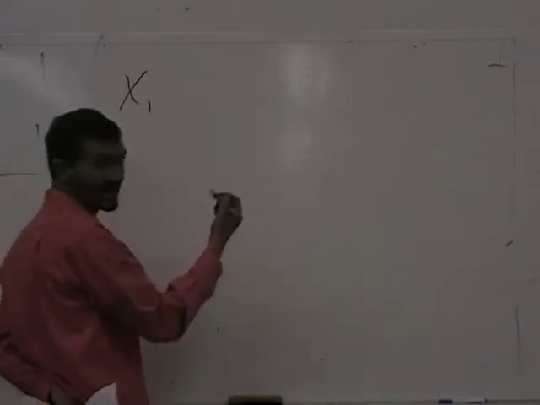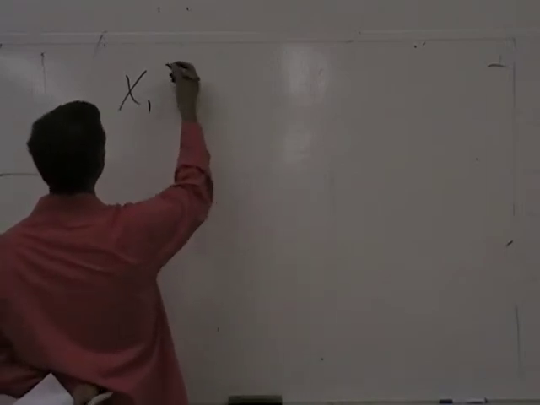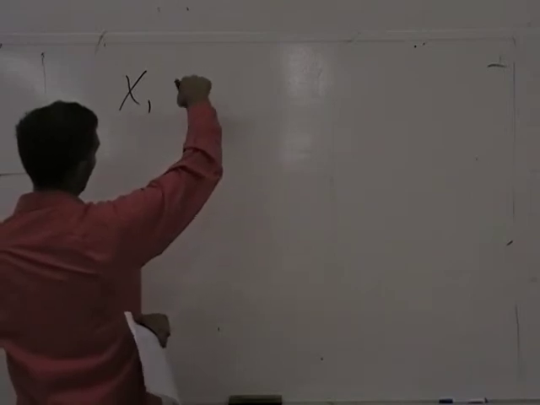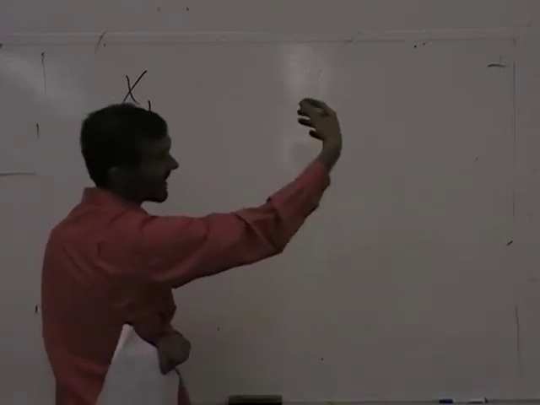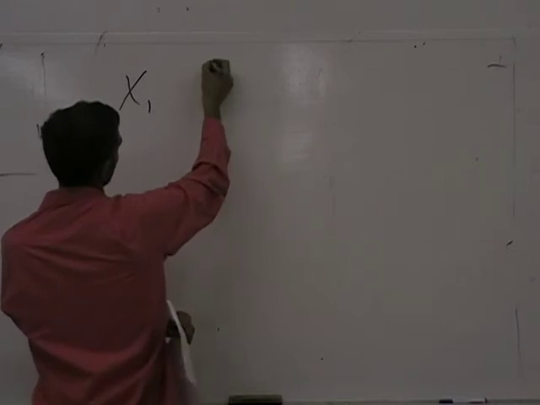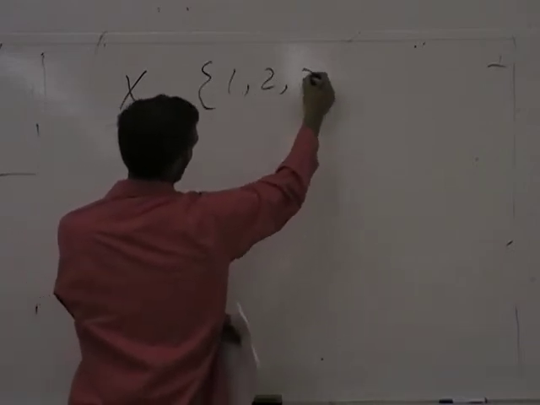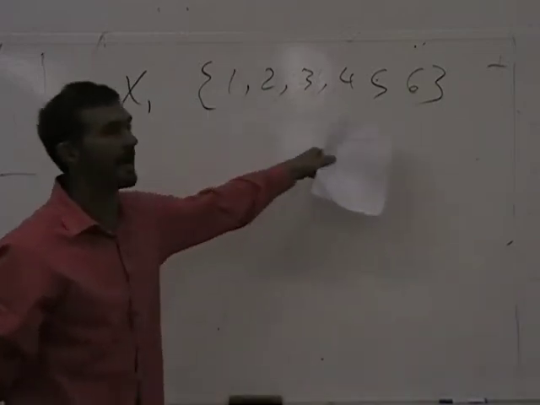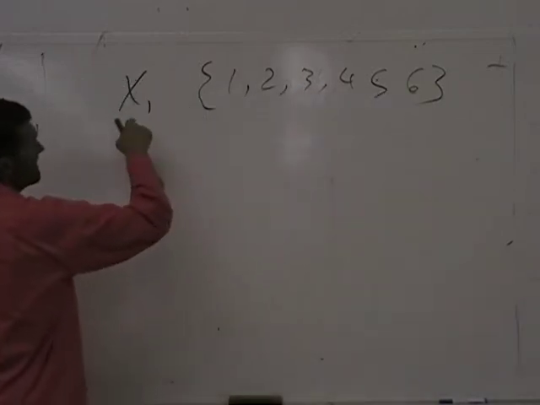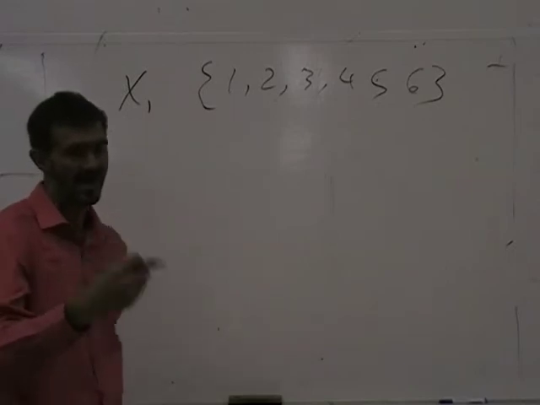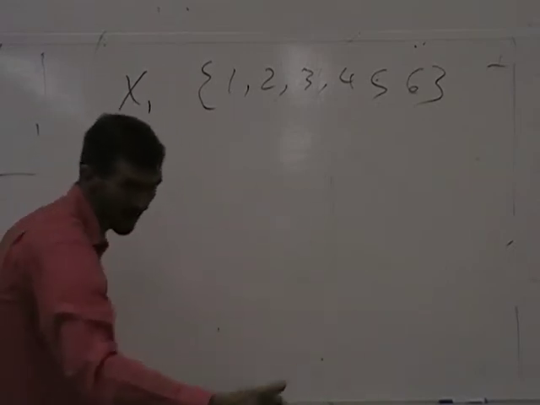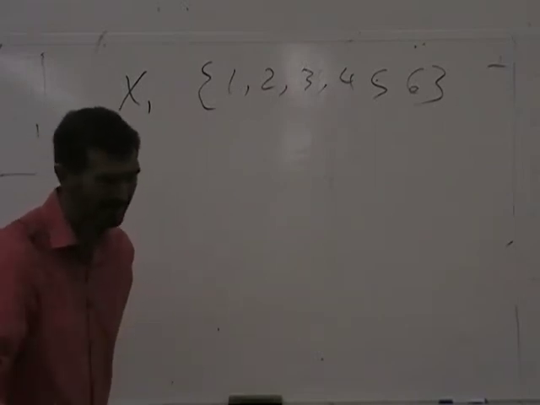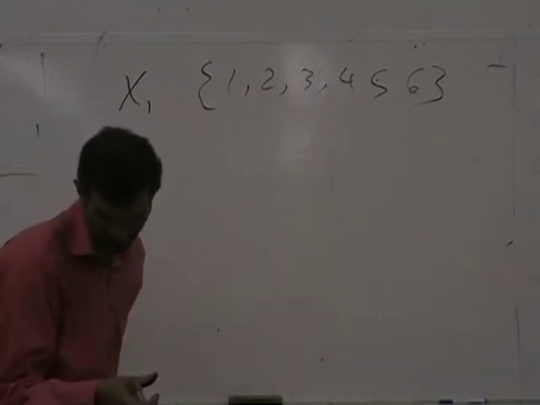So this thing takes values in the set 1, 2, 3, 4, 5, 6. These are the possible values of the random outcome. You cannot roll a die and get 7.